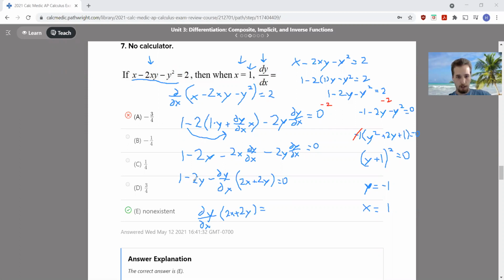So if I subtract the 1 over, add the 2y over, 2y minus 1, and then I can divide the 2x plus 2y over.